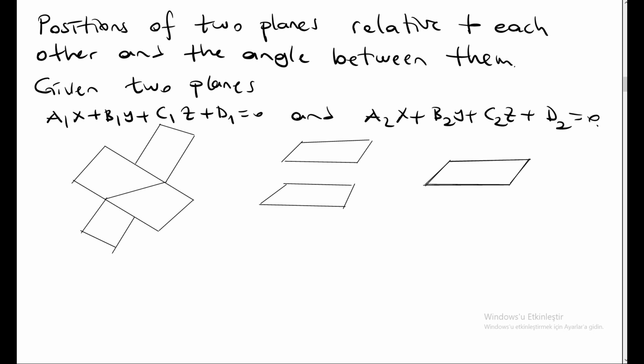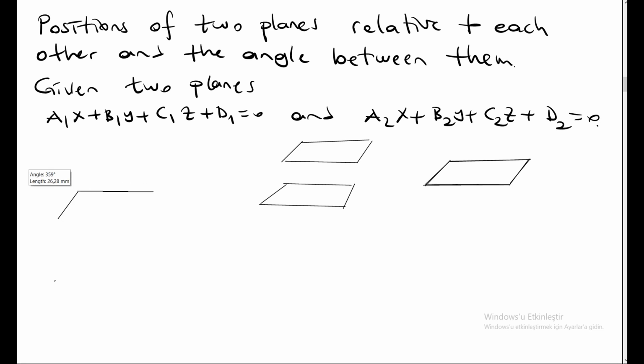So first, the angle. Let me write the angle, or maybe I should draw it. This one should be easier to see the angle. Okay, let me draw in this form. So you have this one, and then you have this one. Okay, so this is the line. They intersect each other.